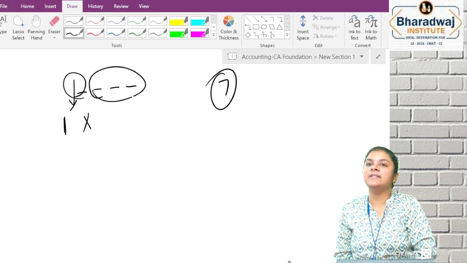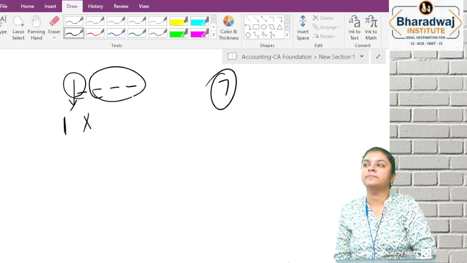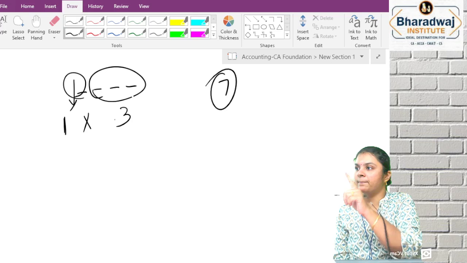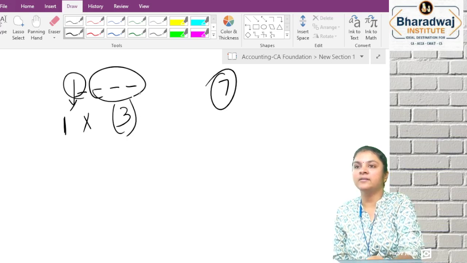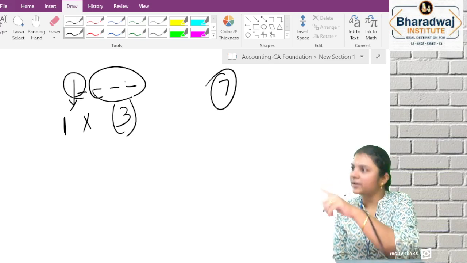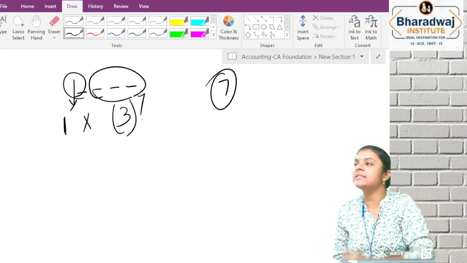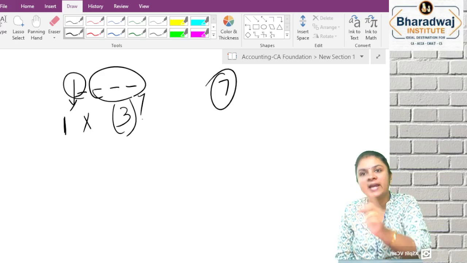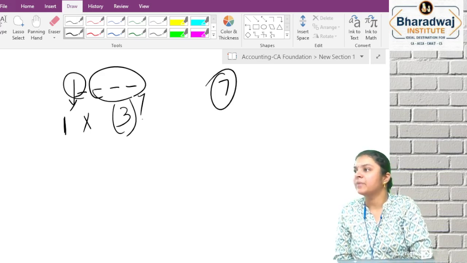Now tell me the answer. 3 places for each number to the whole power 6 or 7. No, it can be repeated. The number 4 can also be repeated. So answer is 3 power 7, not 3 power 6. Repetition illana 3 power 6 நம்ம rule வேற. இது repetition இருக்கு.